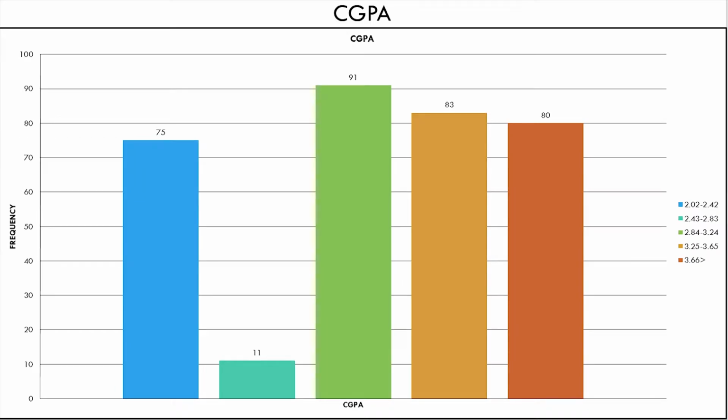For the graph of CGPA, the lowest is 11 people, who scored 2.43 until 2.83, and the highest is 2.84 until 3.24, which is 91 people.